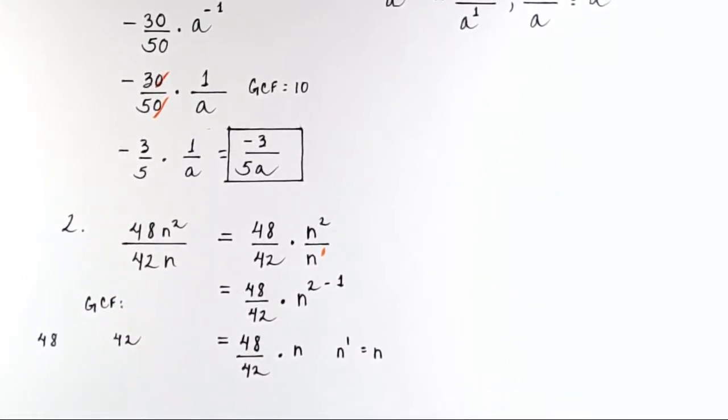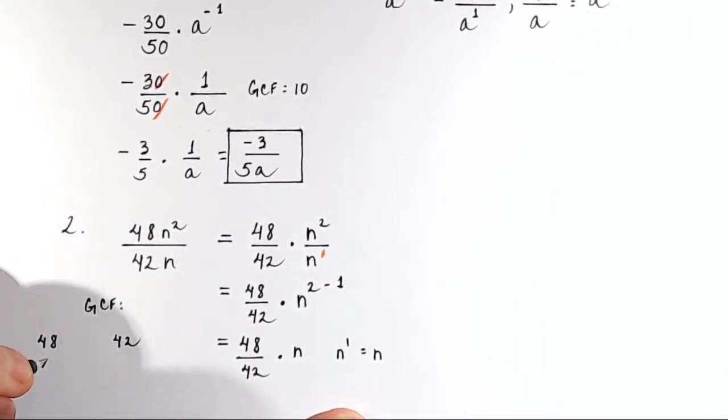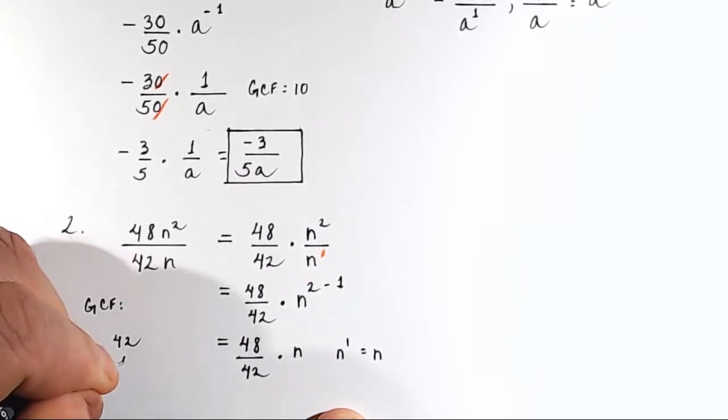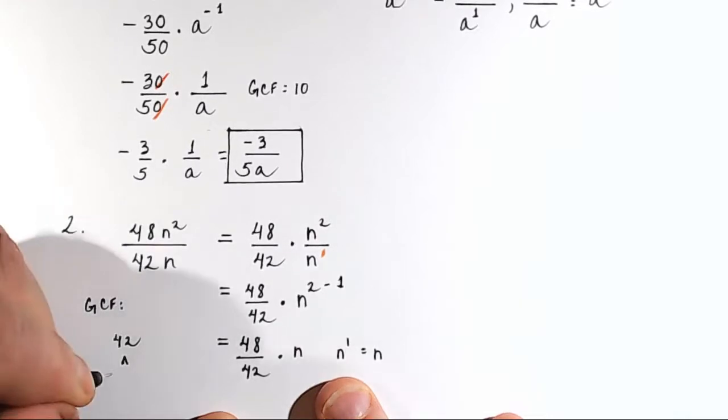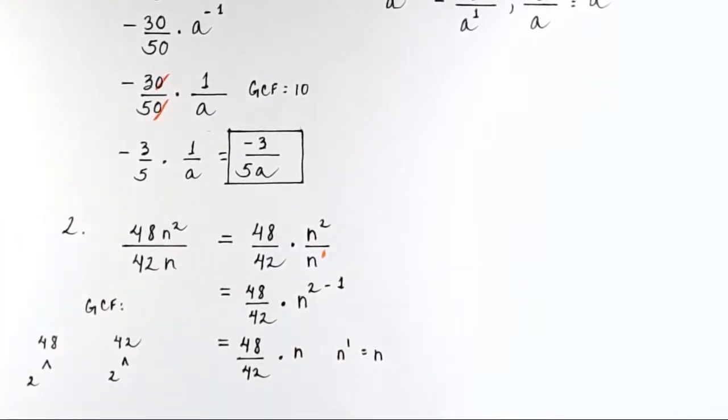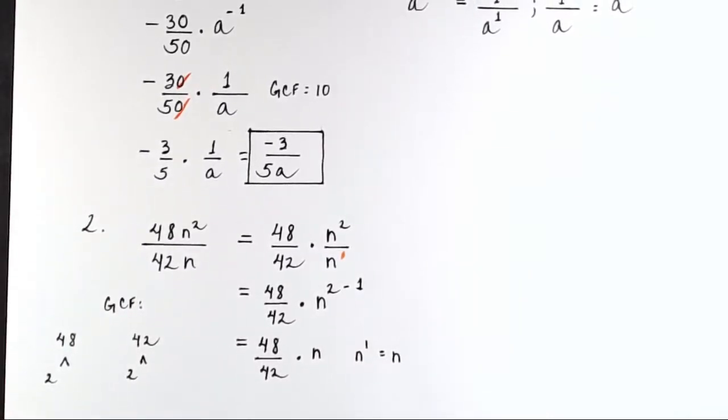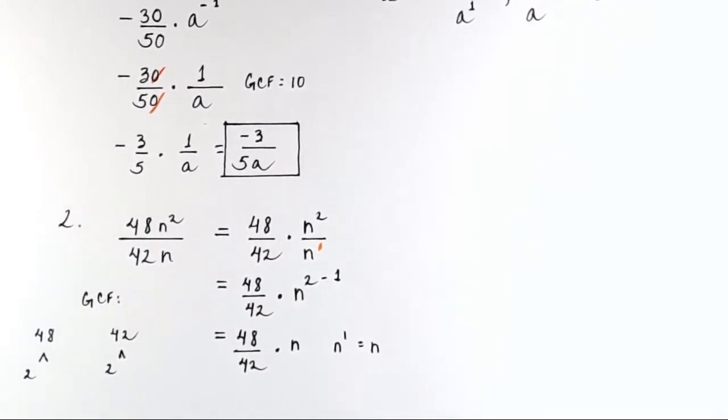Some of you will figure it out in your head using tables, and that's fine for this problem, good for you, but for other problems, you won't be able to think of the factor.